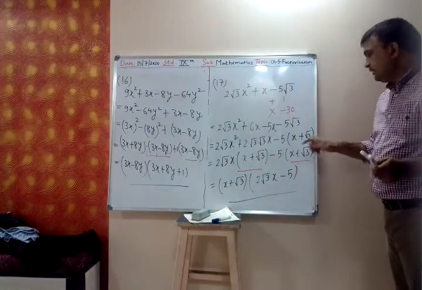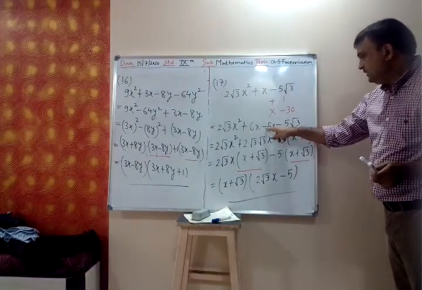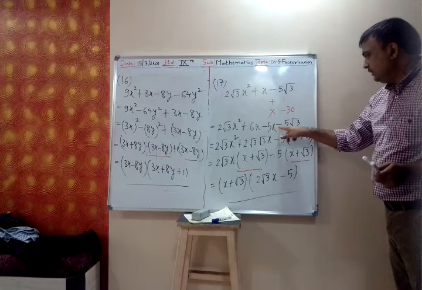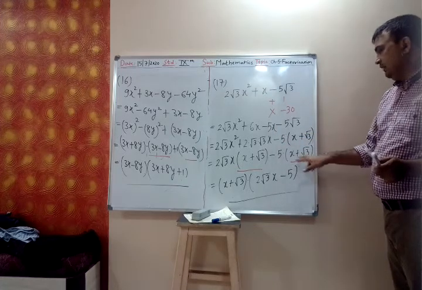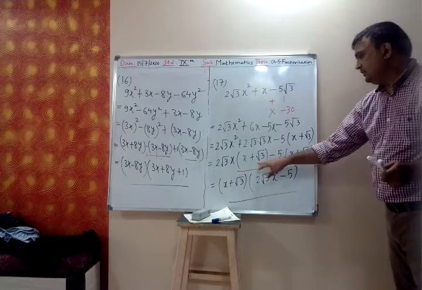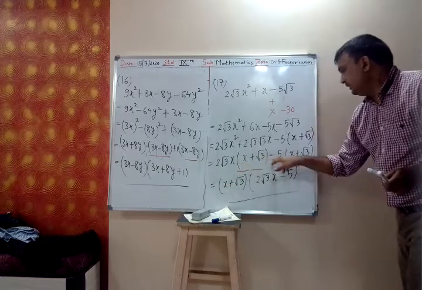How will minus come? Because it is minus, I have taken common, so minus inside will be plus, and when I take x plus root 3 common, then it is 2 root 3x minus 5.